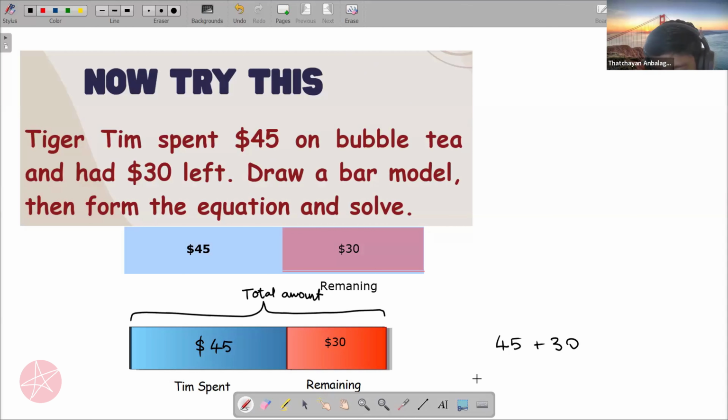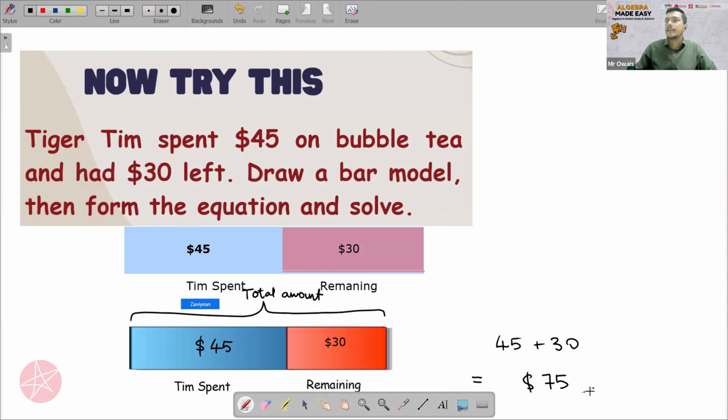And how much does that give us? 75. So Tim the Tiger had $75 in total at the beginning. That is what it means. So 75 is the total money that Tim had.